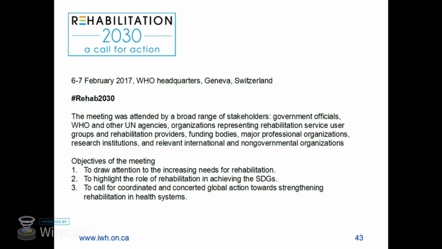They all came to Geneva, and that's when the guideline was released. And the objective was to draw attention to the increasing needs of rehabilitation, highlight the role of rehabilitation, and to call for a coordinated and concerted global action towards strengthening rehabilitation in health services.